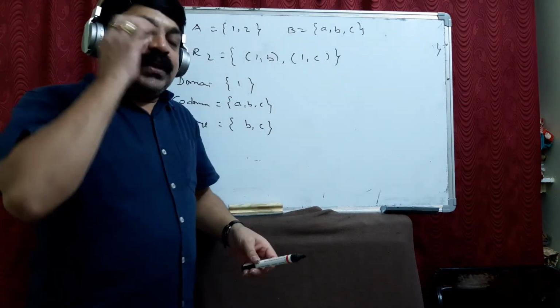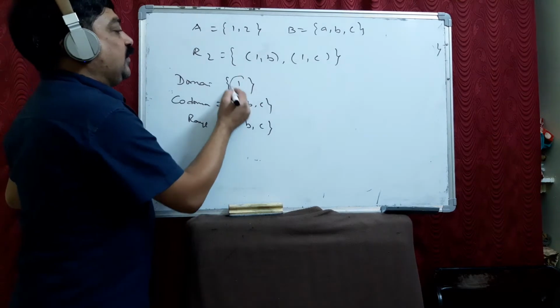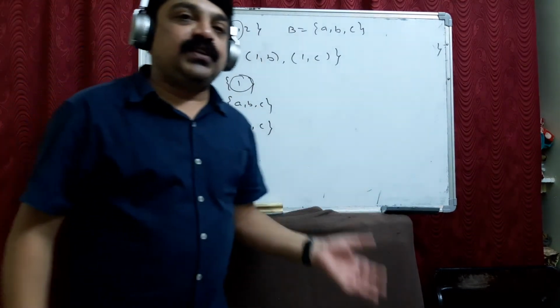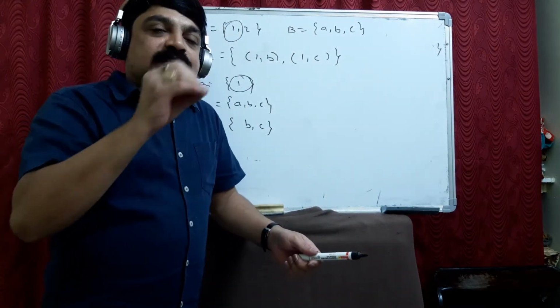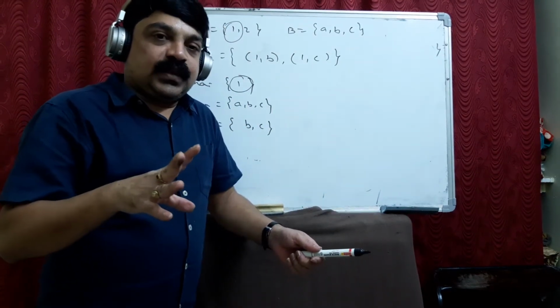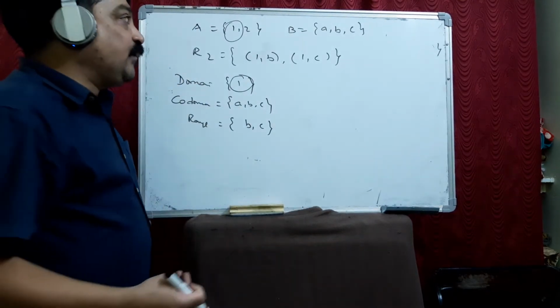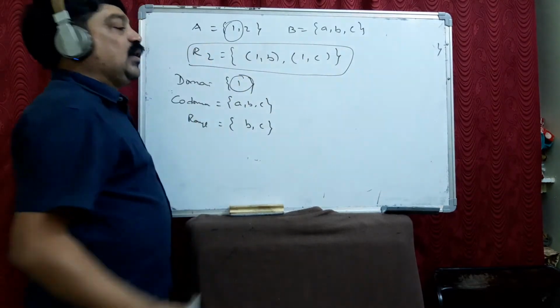But I told you that while finding the domain, why do we take the elements which have participated here? What is the actual definition of domain? The actual definition of domain is the set of values of x, the set of real values for which the function is defined. This is a function, or actually a relation.